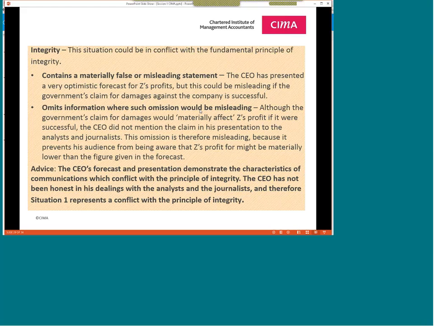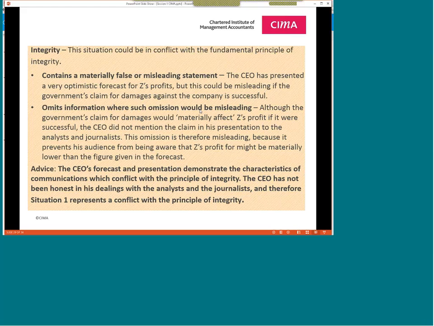This is the best way to answer, because you are using the definition of integrity and at the same time using case study facts to support your answer. This is the perfect way to answer general questions on the exam.